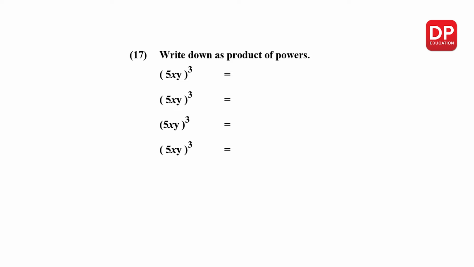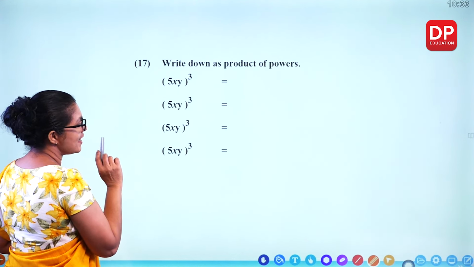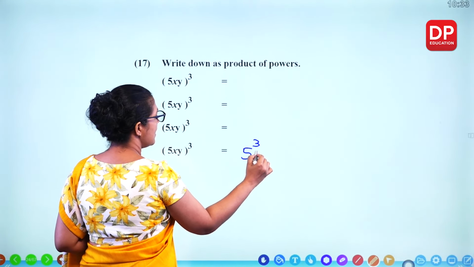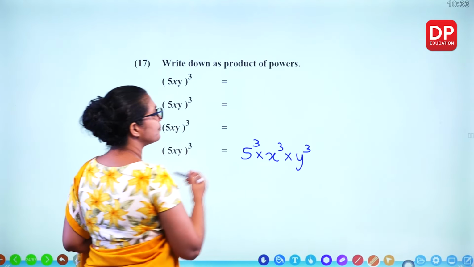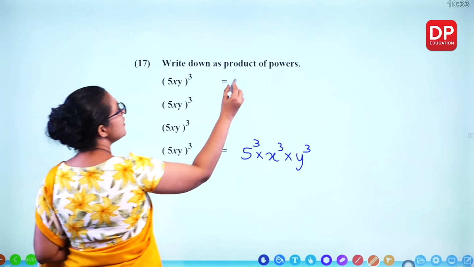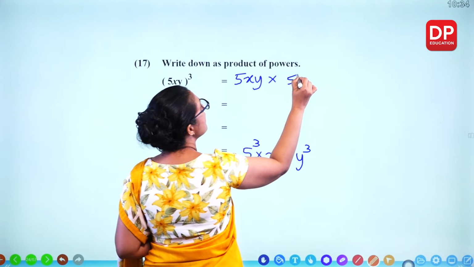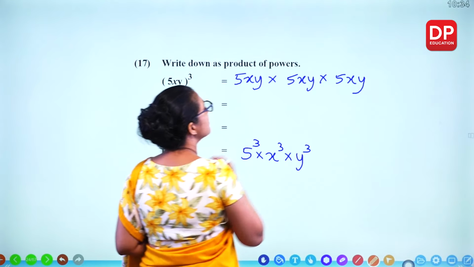Write down as a product of powers. Now how do you do that? If you are writing at once, we know you are getting 5 to the power 3, x to the power 3 and y to the power 3. So we'll check it. 5xy, 5xy, 5xy, 3 times.